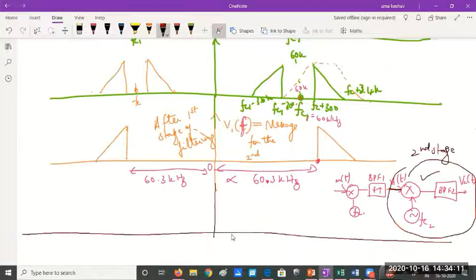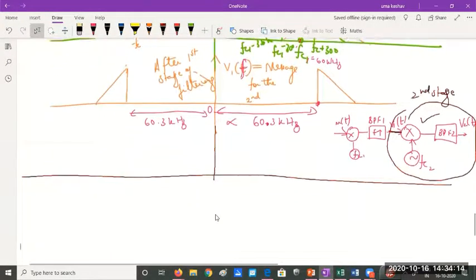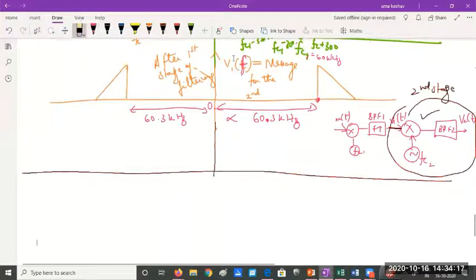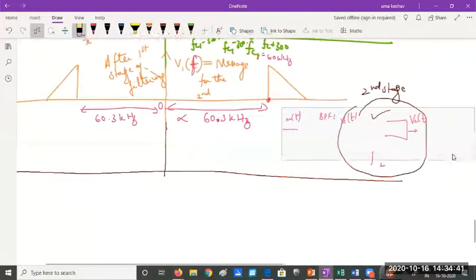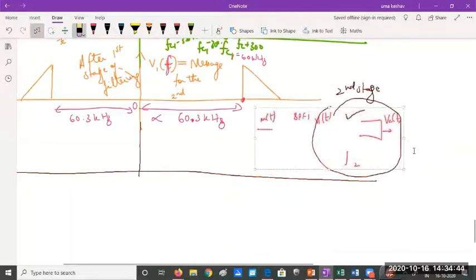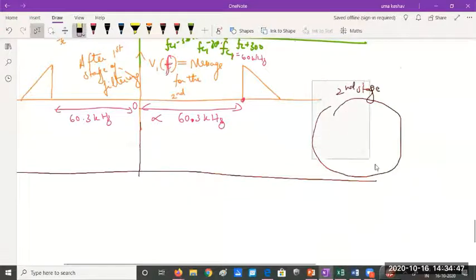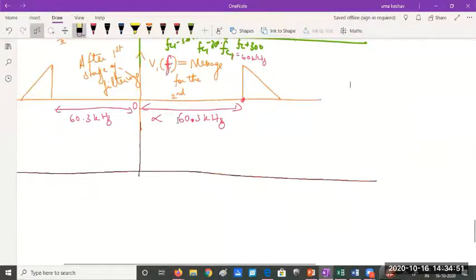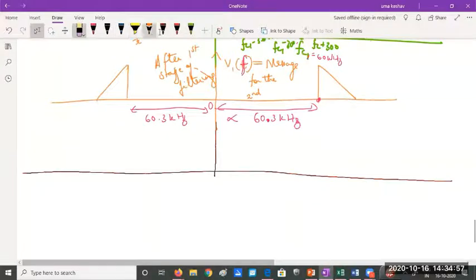Let's continue this waveform. Okay, so now what is happening?